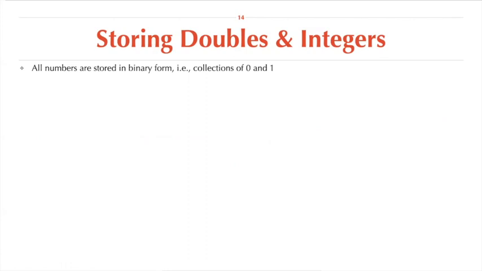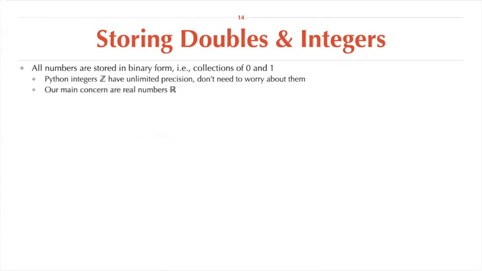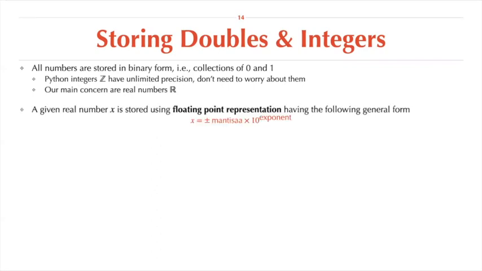I'm sure you must have done the exercise of converting a decimal number into binary form. Python integers have unlimited precision, so we don't have to worry about them. You can evaluate as large an integer as you want, but this is not the case with real numbers. So our main concern here would be real numbers.